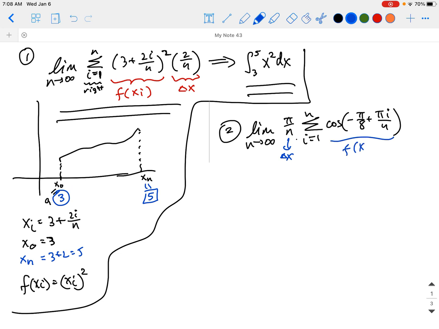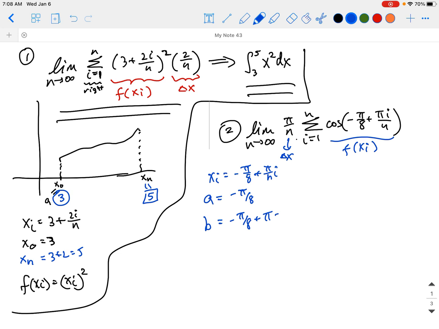So that's delta x. We can see this is going to be f of x sub i. So x sub i is negative pi over 8 plus pi over n times i. We can see that our left endpoint a is just negative pi over 8. And then our endpoint b is going to be negative pi over 8 plus pi when i is equal to n.